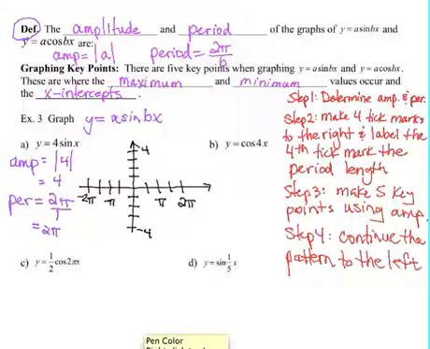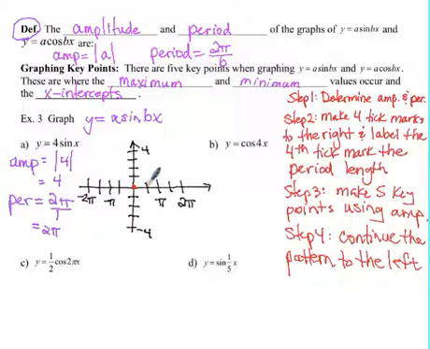Now, until you get it memorized, you're going to want to draw your unit circle, okay? Until you have it memorized in your head, you need to draw your circle. Where does the sine function start? Does it start at 0 or at 1? At 0, right? So if you don't know that, you draw your circle, and it's the ordered pair 1, 0, so sine of 0 is 0.